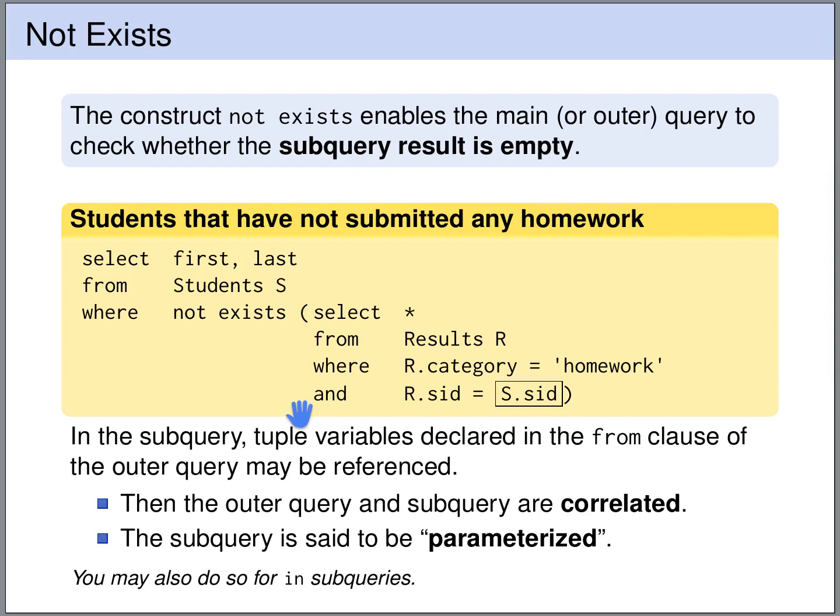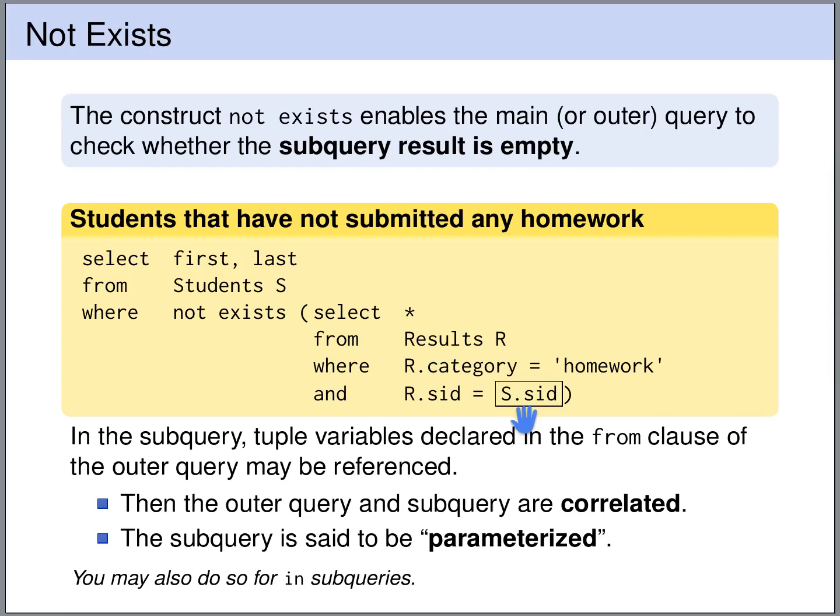So what does the subquery compute? The subquery selects all the rows of the results table where the category is homework and the student ID of the result is equal to the student ID of the student that you're looking at in the outer query. And this is an important difference to the in and not in queries that we've seen before.